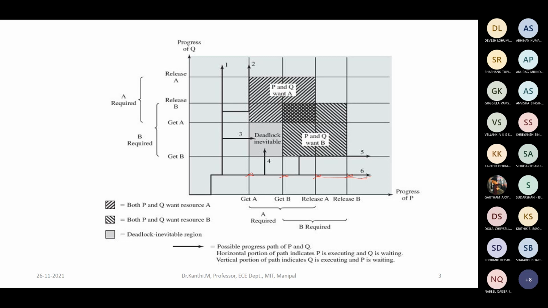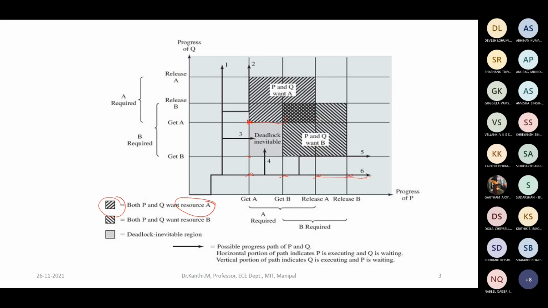The highlighted one, you can see here, shows that both P and Q want resource A. Q also wants A, P also wants A. Okay, after this, it has not released till here.